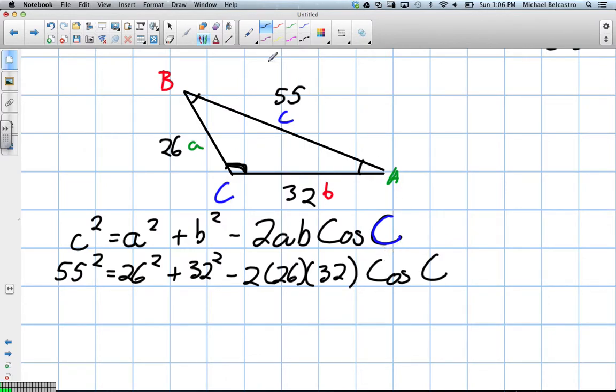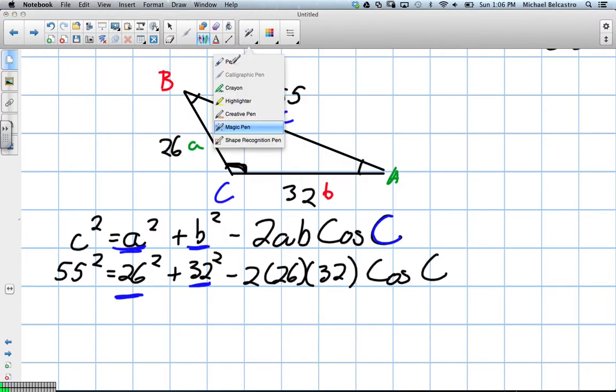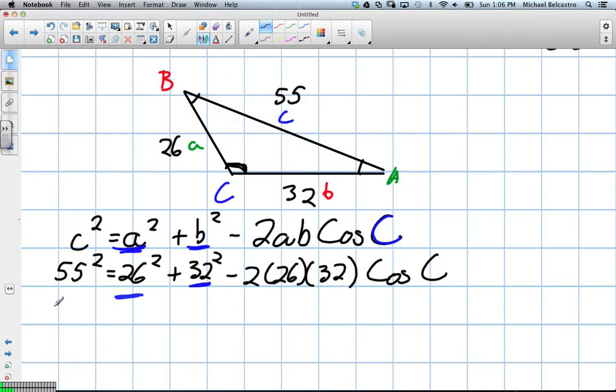In order to solve for an unknown, we need to get the unknown by itself on one side of the equation. I can do that a couple different ways. I'm going to assume your algebra is pretty strong. So what I'm going to do is move these 2 values, the lone A and B, like the parts of Pythagorean's theorem, to the other side first.